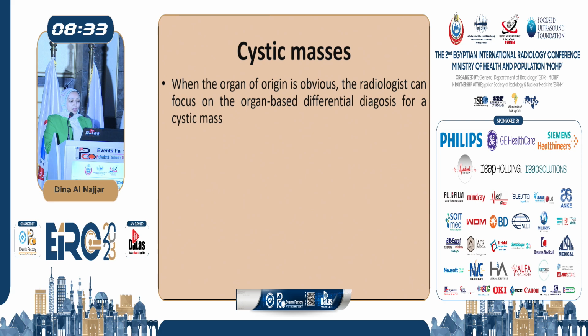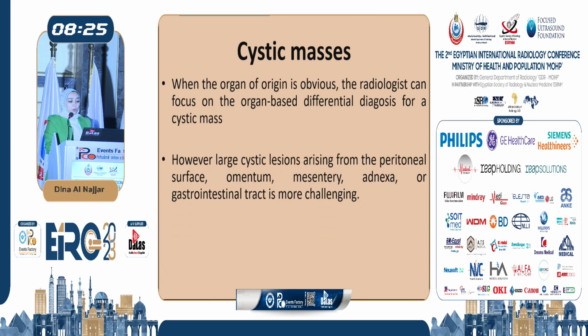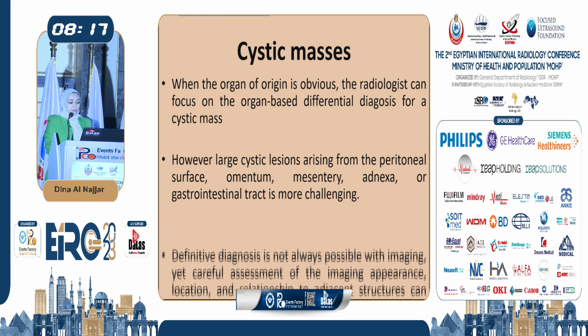Cystic masses. When the organ of origin is obvious, the radiologist can focus on the organ-based differential diagnosis for the cystic mass. However, a large cystic lesion arising from the peritoneal surface, omentum, mesentery, adnexa, or gastrointestinal tract is more challenging.